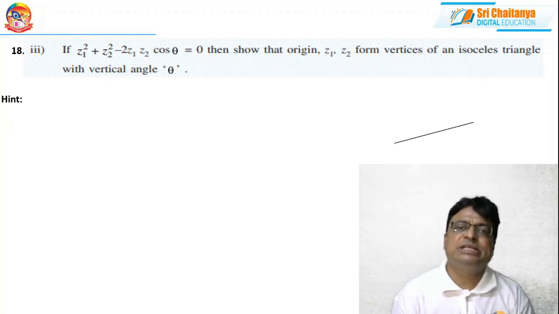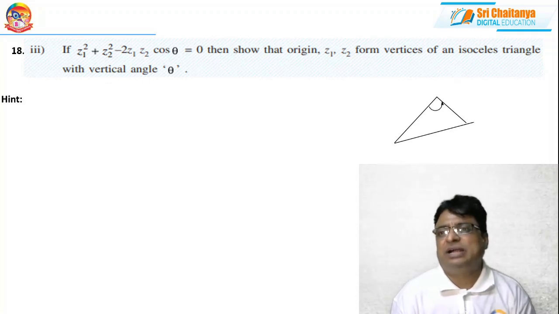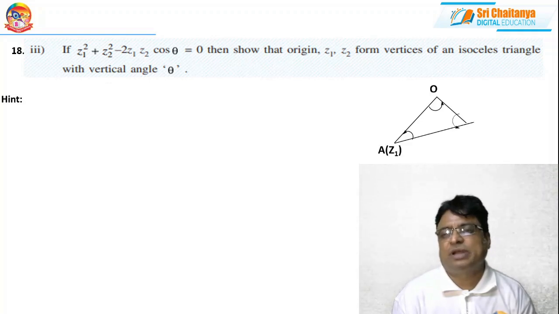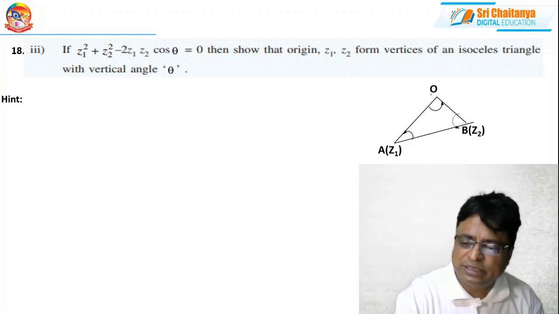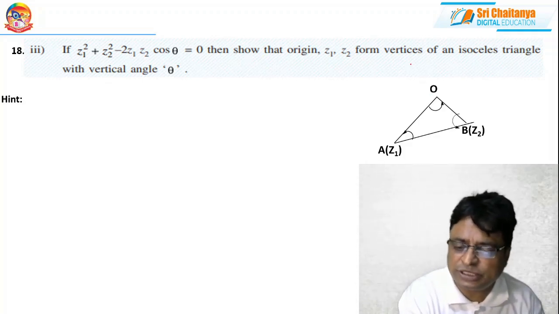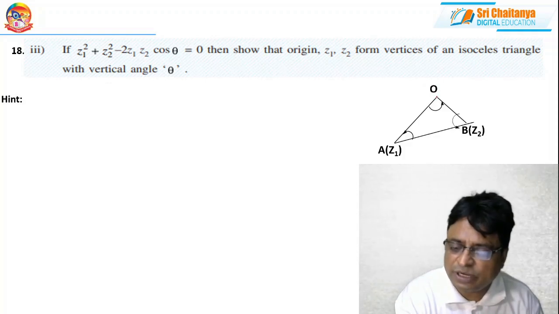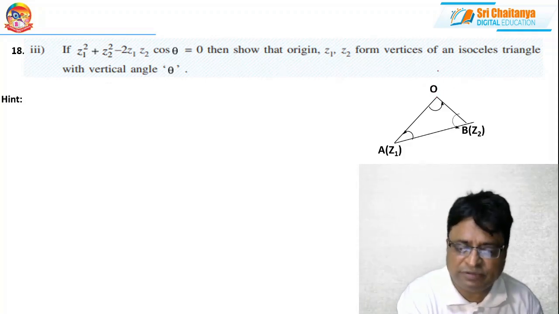This is somehow challenging. But anyhow, how to do? See, this is suppose my triangle, and these are vertices. One is the origin and another is A, Z1, and B, Z2. We have to show that with origin as one of the vertices, it is an isosceles triangle with vertical angle theta.